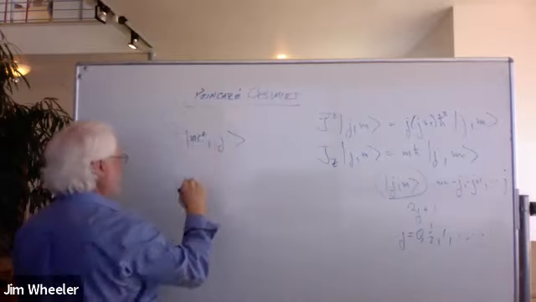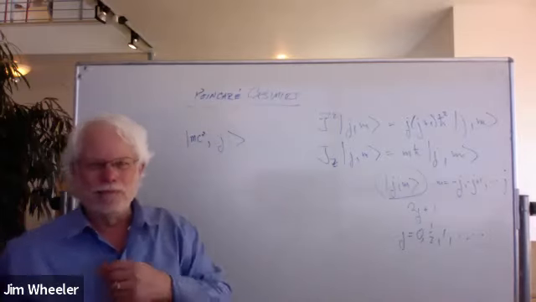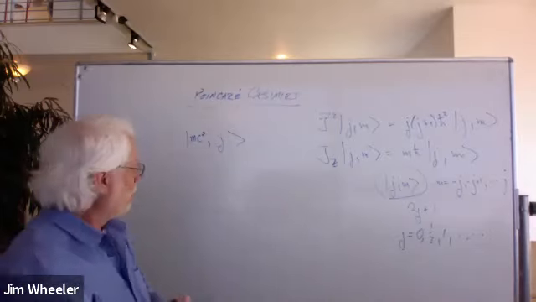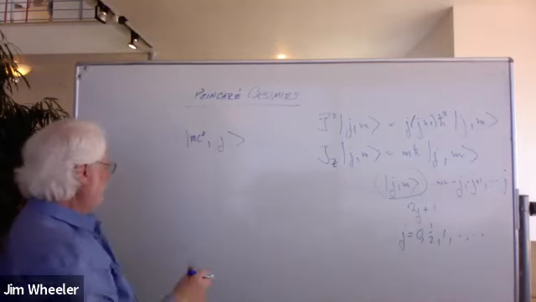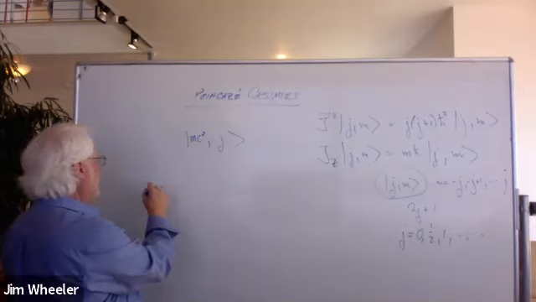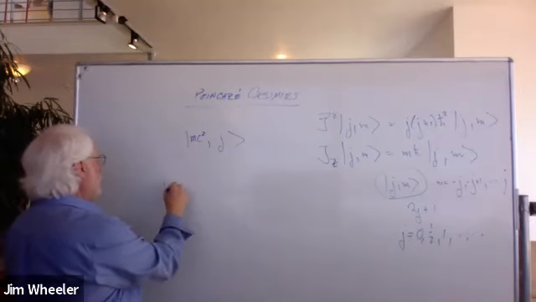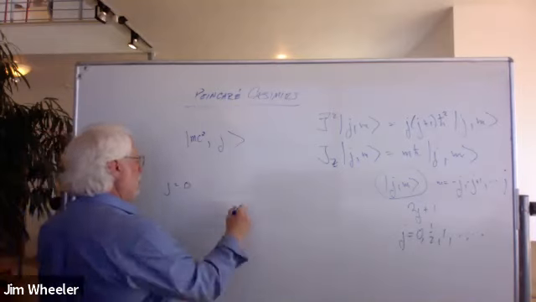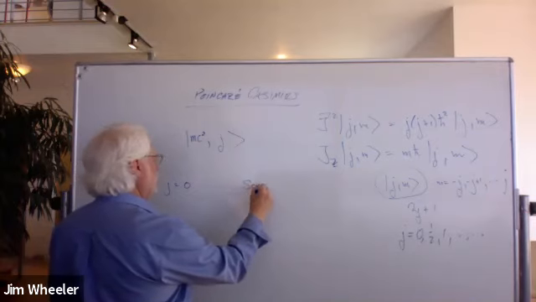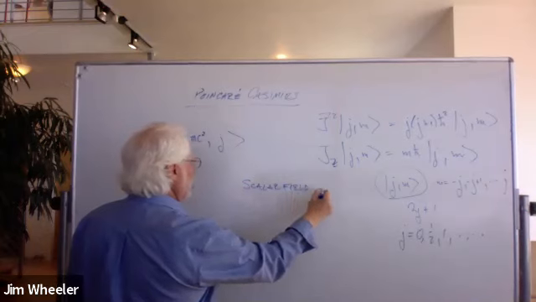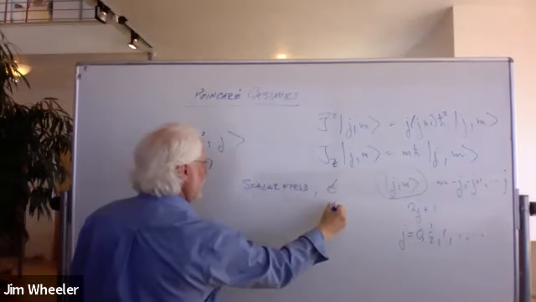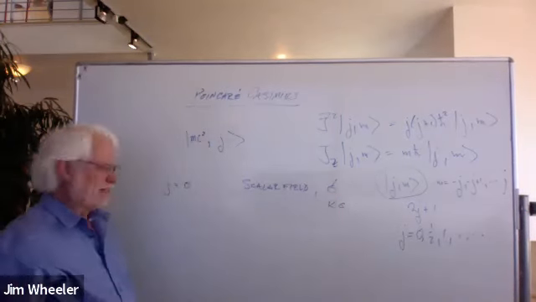Let me write this as mc squared so we don't confuse it with that m. That's a mass. Okay, so these are now our states, and when J equals 0, we call it a scalar field. That's like your Klein-Gordon field. You guys have seen these fields.